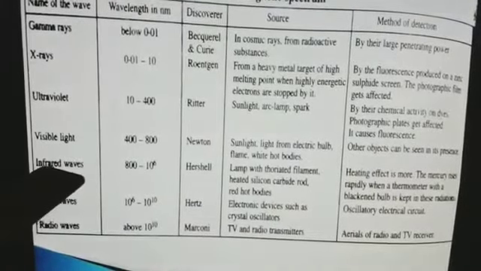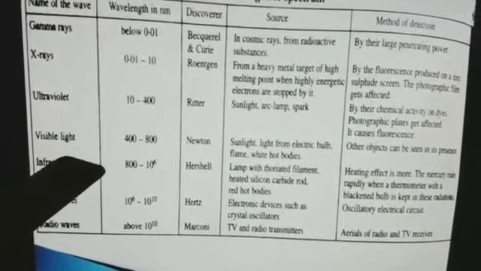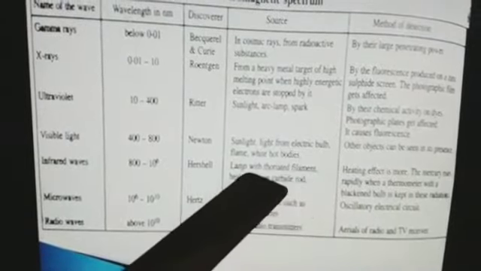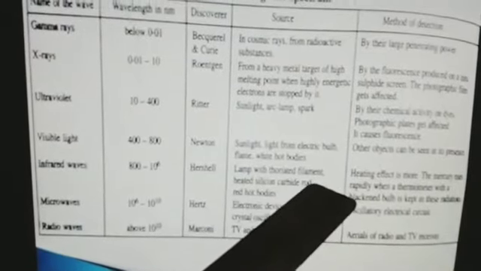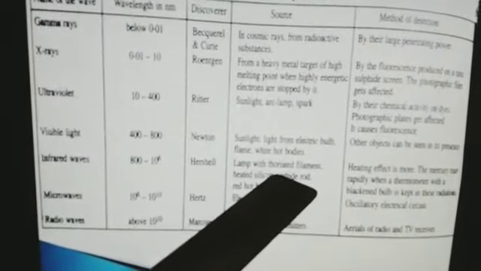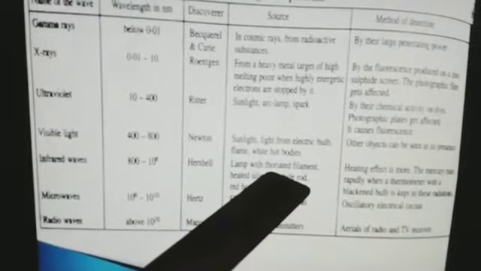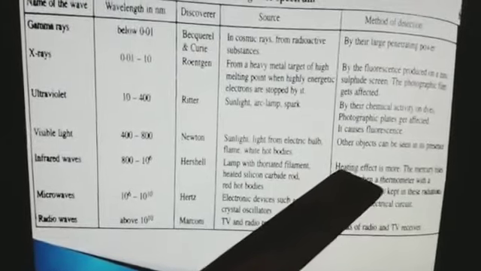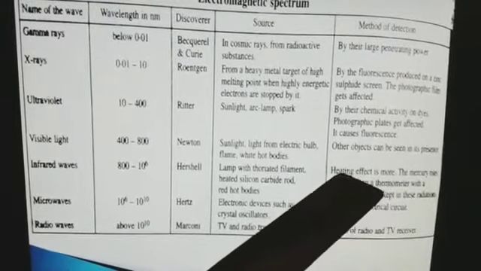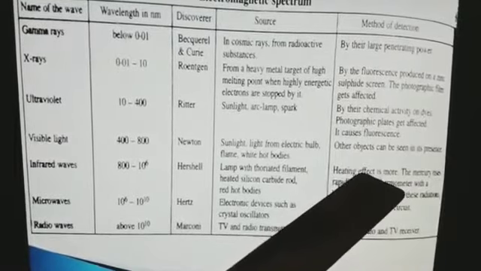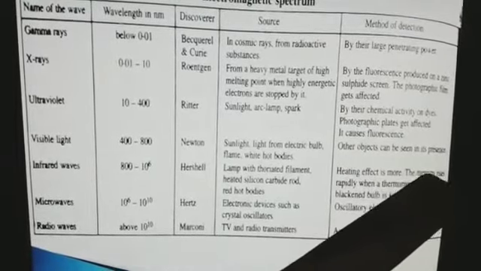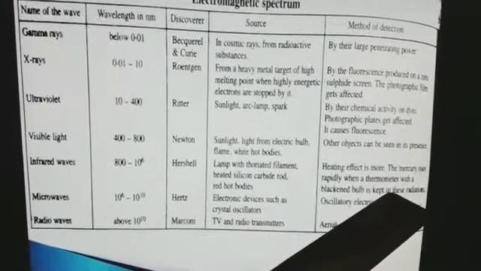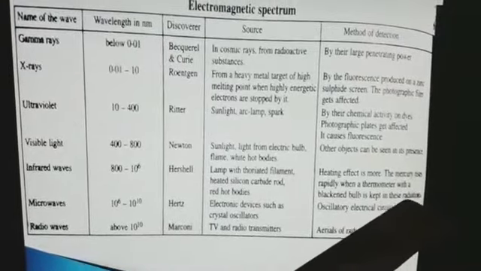The next one is infrared waves. The sources are lamp with thoriated filament, heated silicon carbide rod and red hot bodies. Infrared waves can be detected by their heating effect. The mercury rises rapidly when a thermometer with a blackened bulb is kept in these radiations.